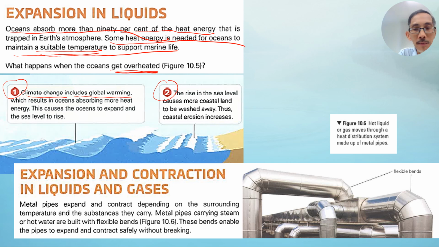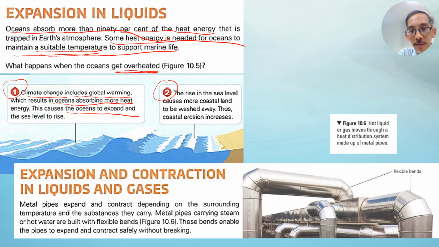And what does this mean? It means the atmosphere has more heat trapped, and with that, the ocean will also be absorbing more heat. And when the ocean, in this case the seawater, absorbs more heat, it will expand.